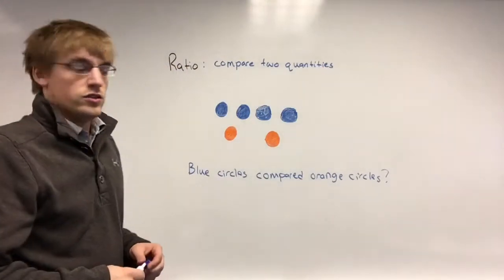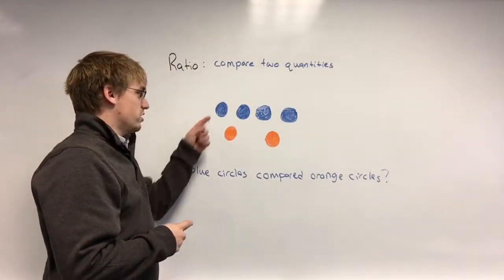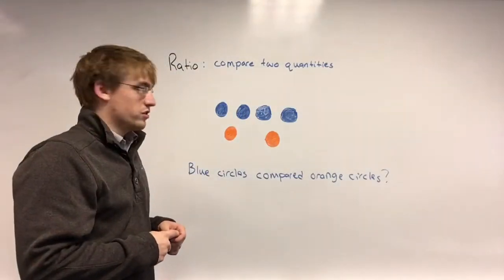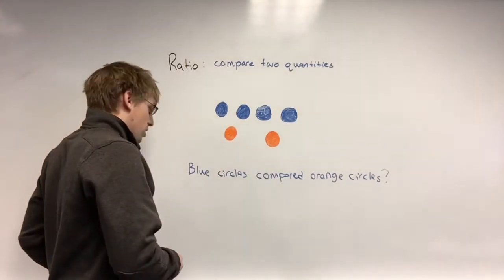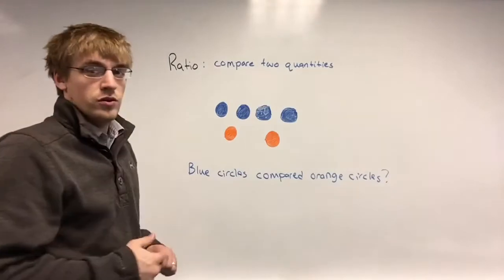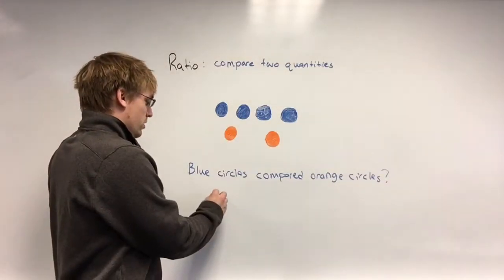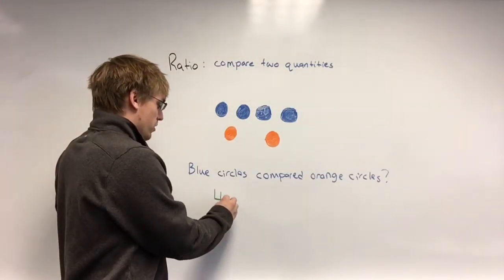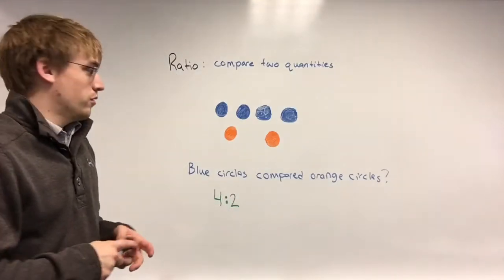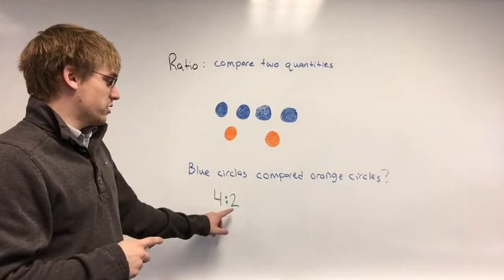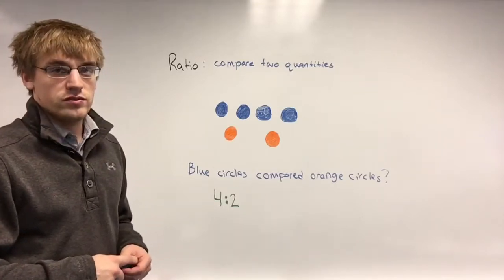Okay, so in this case there are 4 blue circles compared to 2 orange circles. So our ratio would be written like this, 4:2. Okay, 4 blue circles compared to 2 orange circles.